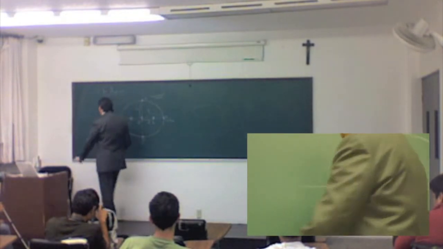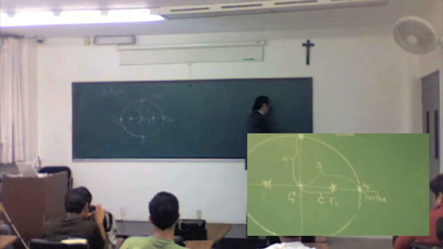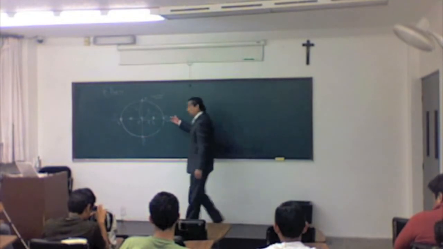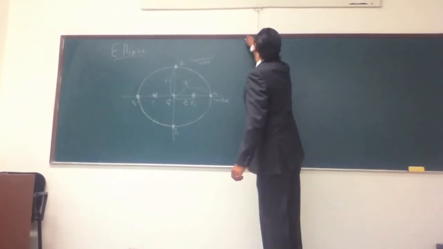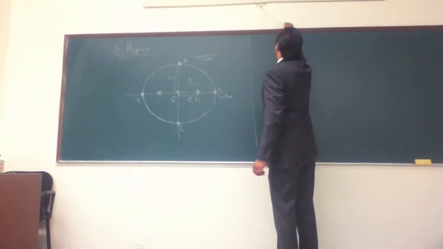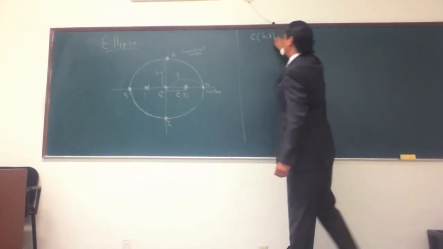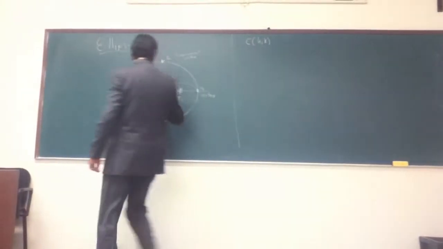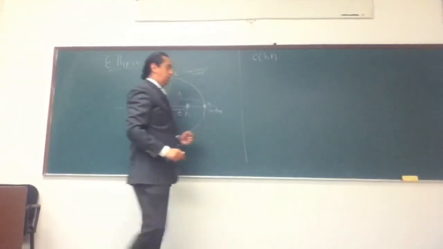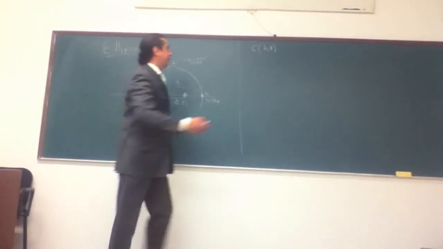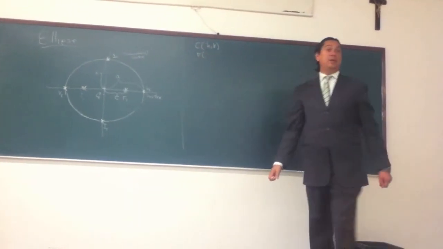Well, now we will try to find the coordinates for this construction. If the center of the ellipse is at (h, k), what is the coordinate for the focus?